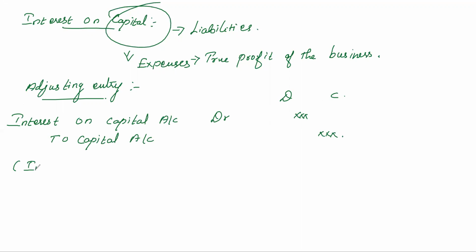Interest on capital provided. So this is the adjusting entry. And for this there is a transfer entry also.